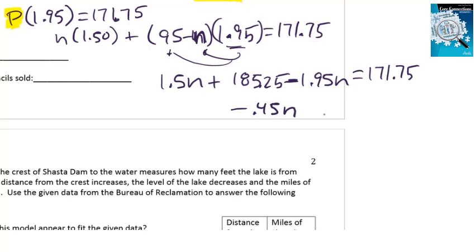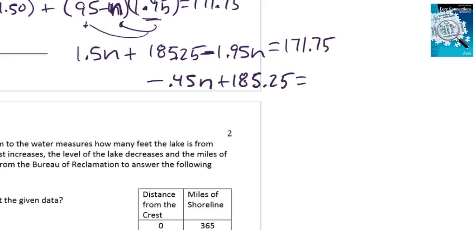0.45 times N. And then, of course, I'll just write the 185.25. And that equals $171.75. And now if I subtract 185.25 from both sides, I believe I get that negative 0.45N, don't forget it, negative 0.45N is equal to $13.50.